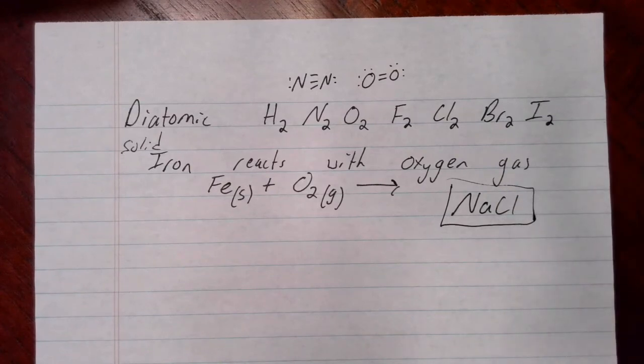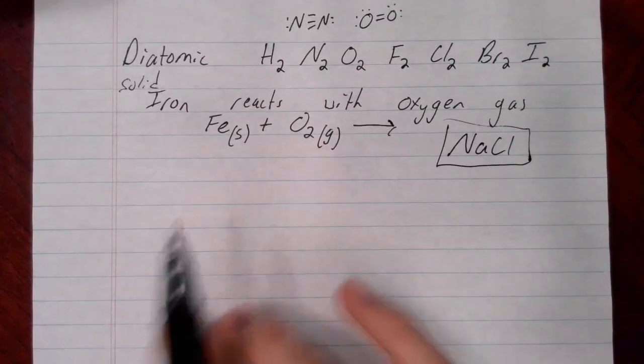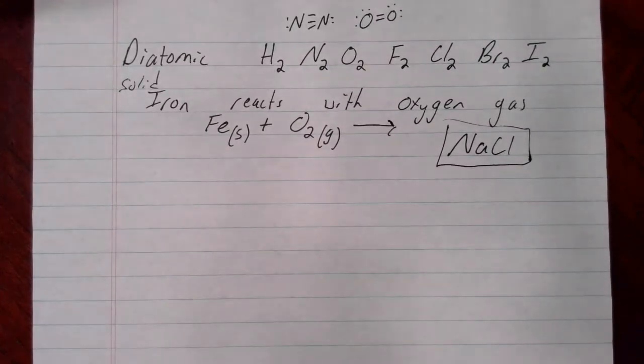Now let's think about a couple of other things we need to remember before we dive into the reactions. The naming rules for ionic compounds are very important. I think at this point you're probably pretty comfortable naming ionic compounds. If you need a quick refresher, go back to chapter 6, I believe it was, and review the video and the rules for naming ionic compounds, because they will be very important for this chapter.